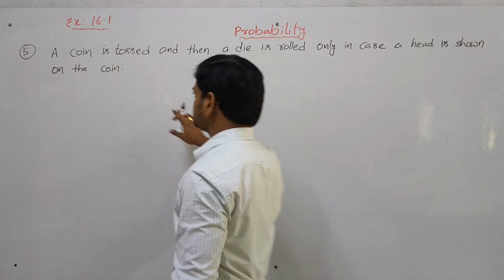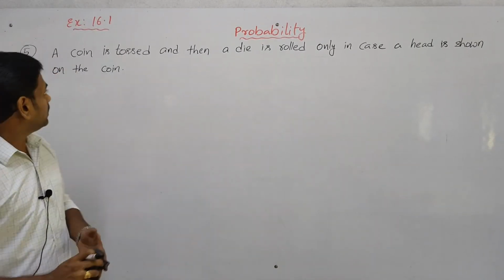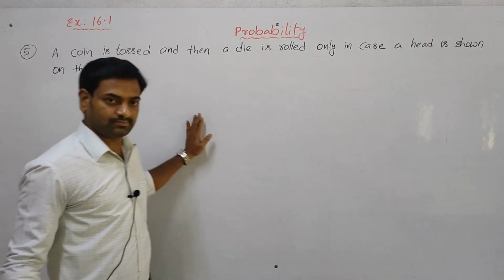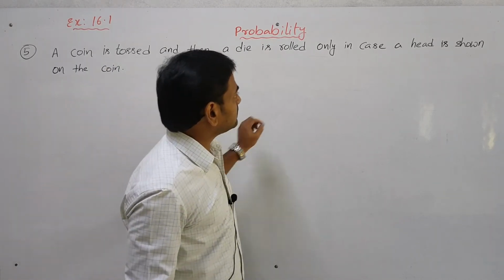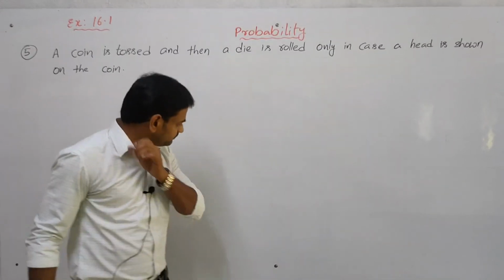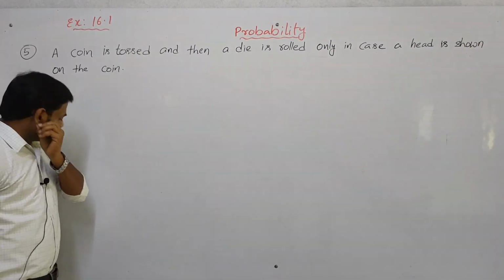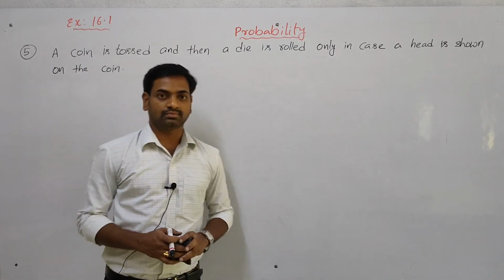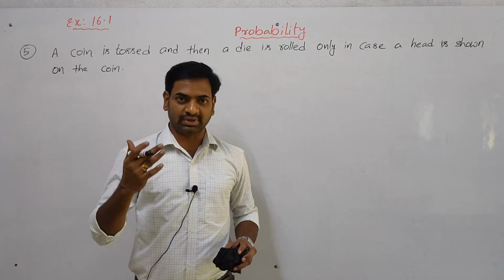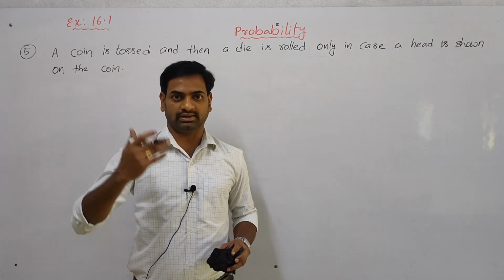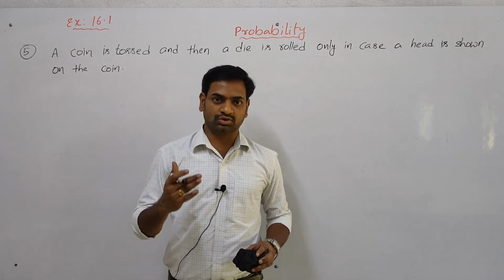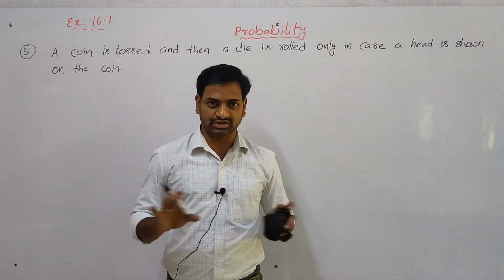See, the next problem is: a coin is tossed and then a die is rolled only in the case where head is shown. See here, simple thing. I am tossing a coin, so it may show head or tail. If the coin shows tail, there is no condition.